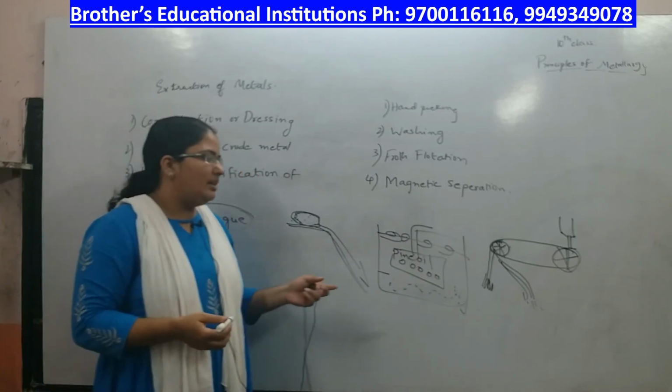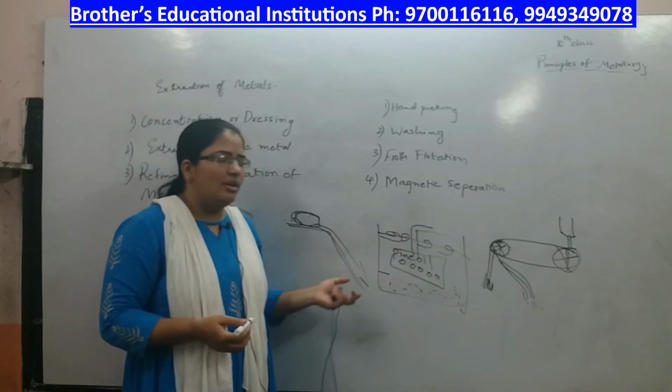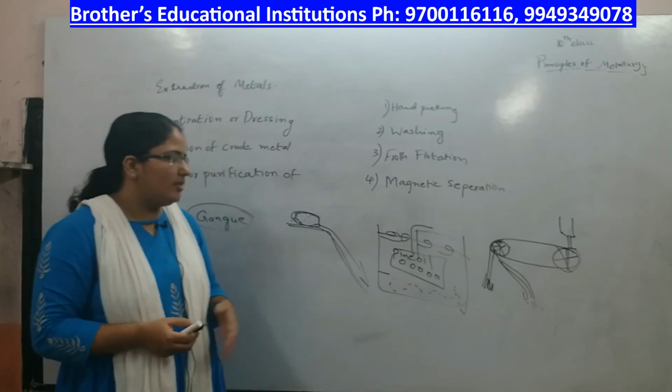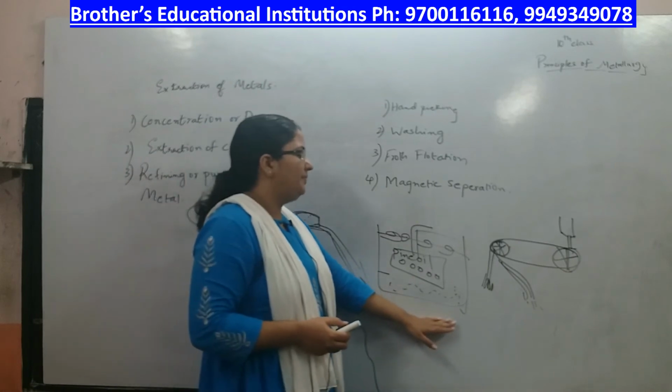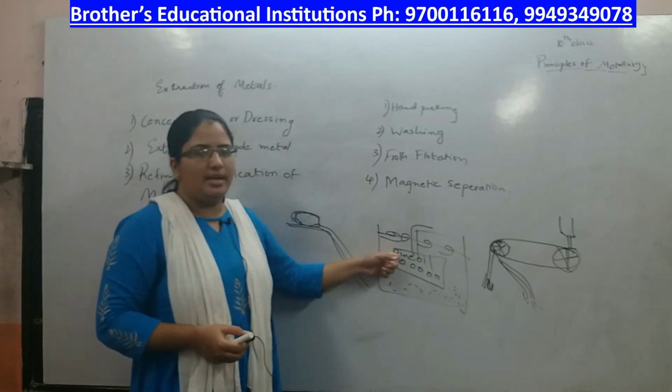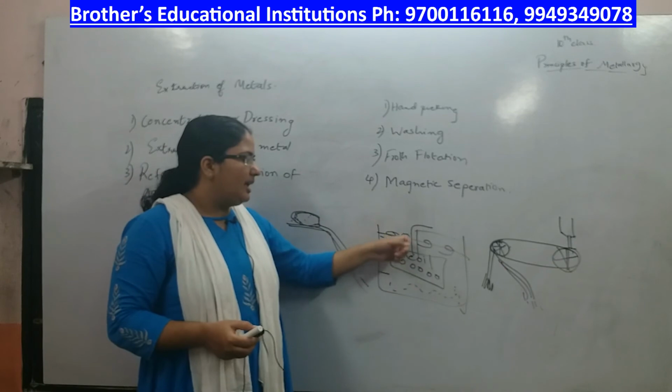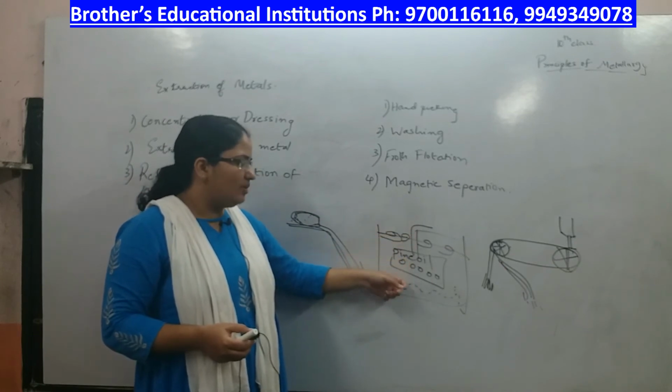Now let me repeat the froth flotation. What happens in this froth flotation is, they take a tank-like structure in which they add some oil. Let us say they have added pine oil, and air which is under pressure is sent into the water.